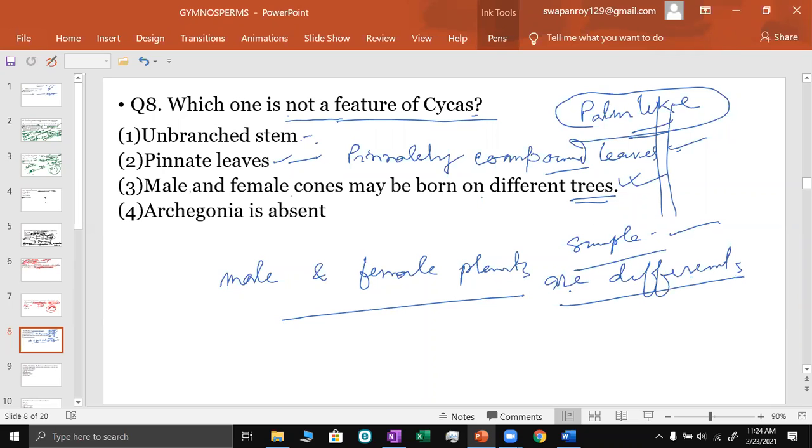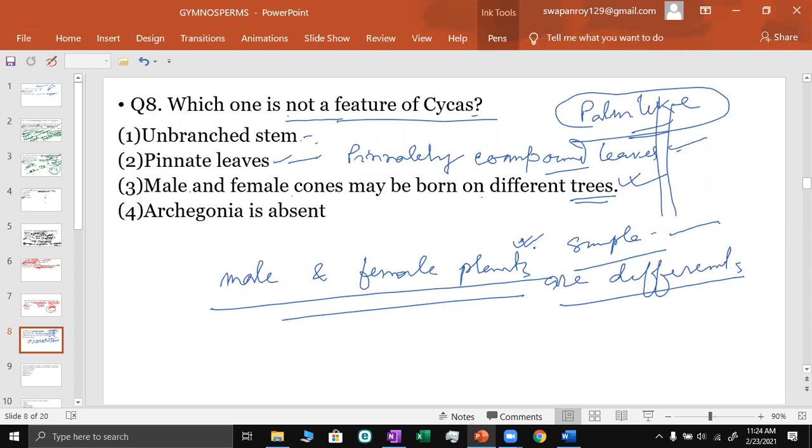That is one of the causes why the reproduction process in cycas is very slow and chances are very less.